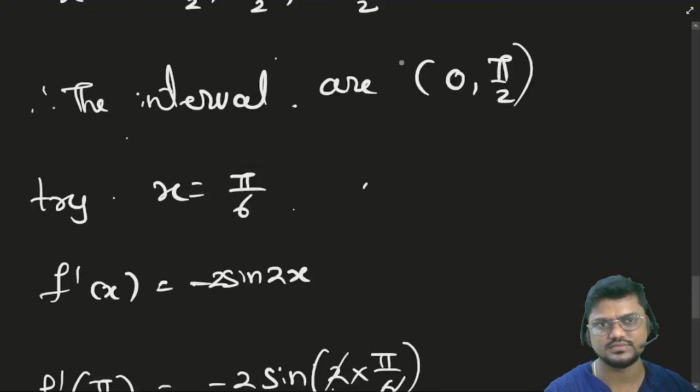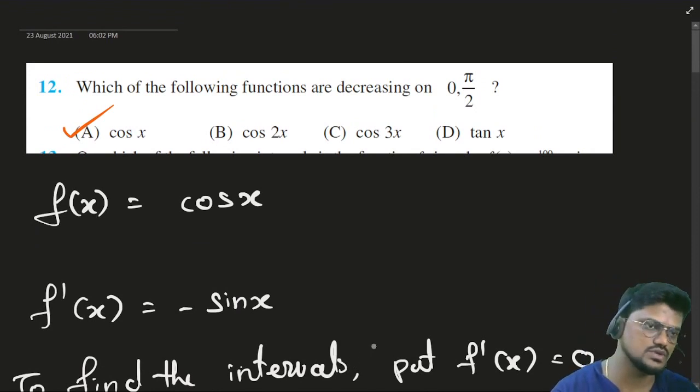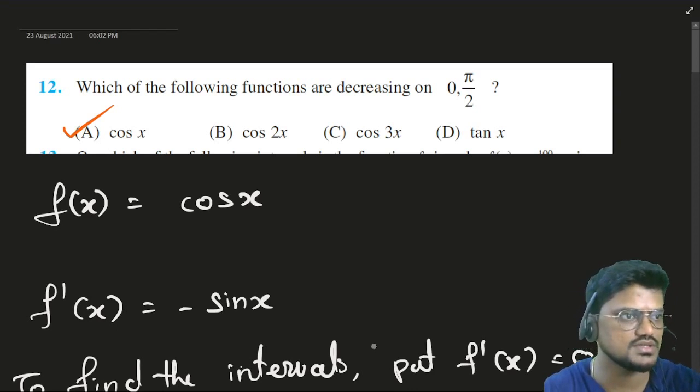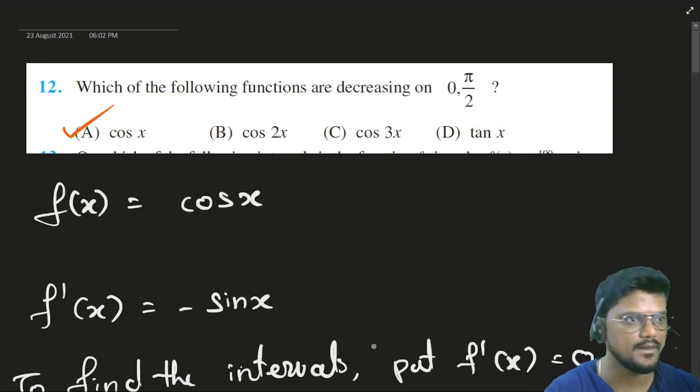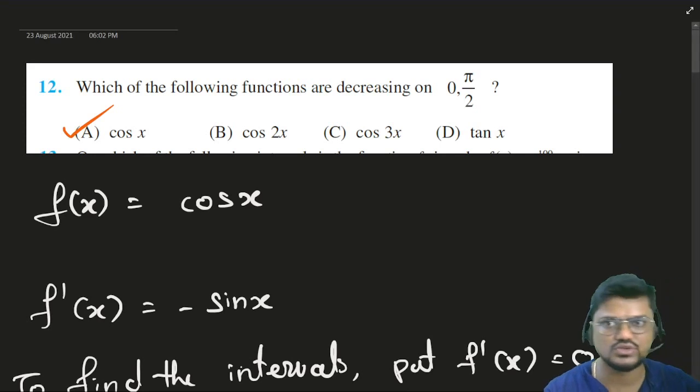Now what is asked in the question? Which of the following functions are decreasing from 0 to pi by 2? So even this option came right. Even cos 2x is right. Okay, just a minute, let me check. Yeah, for cos 2x also the answer is right.